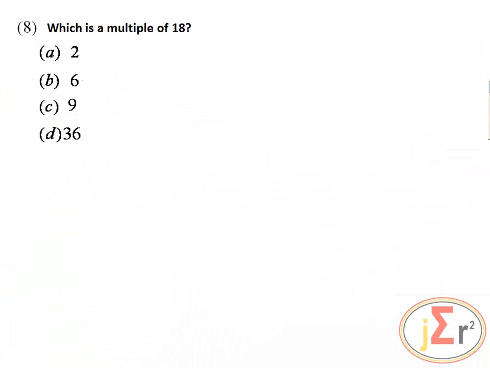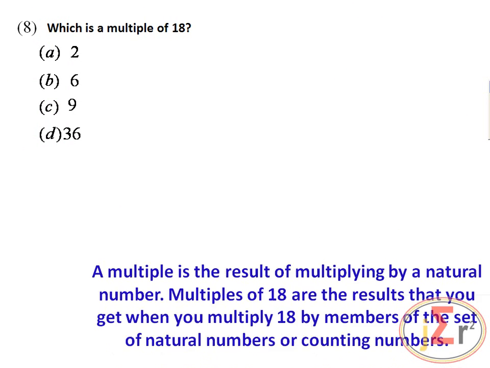Which is a multiple of 18? Which one of these is a multiple of 18? 36. Right. 36. Jerry is saying that it is 36. I hope that he is right. Let's see if Jerry is correct.